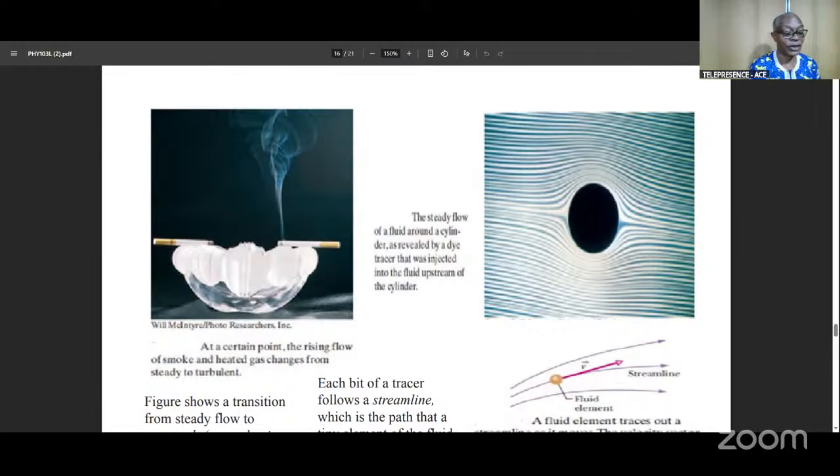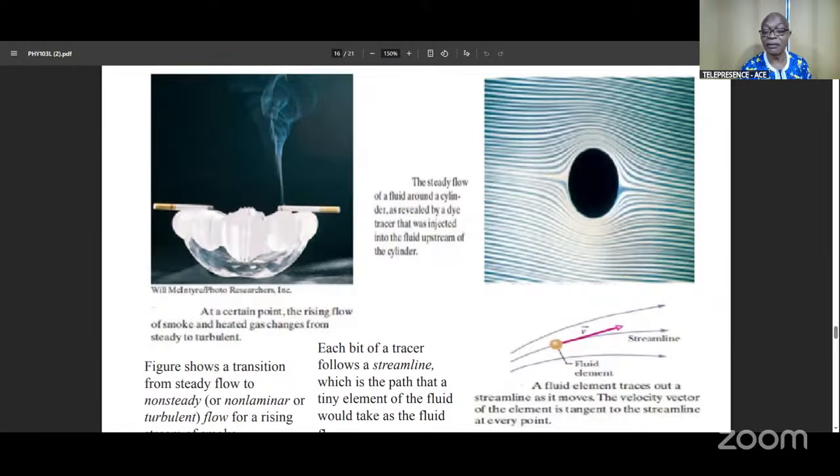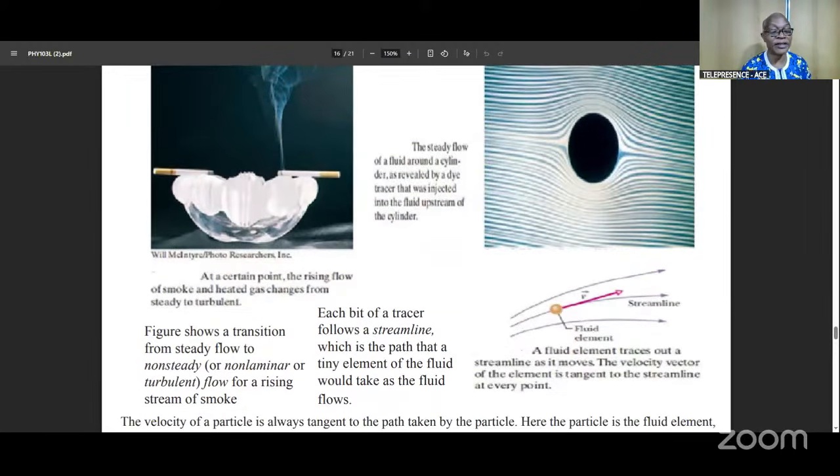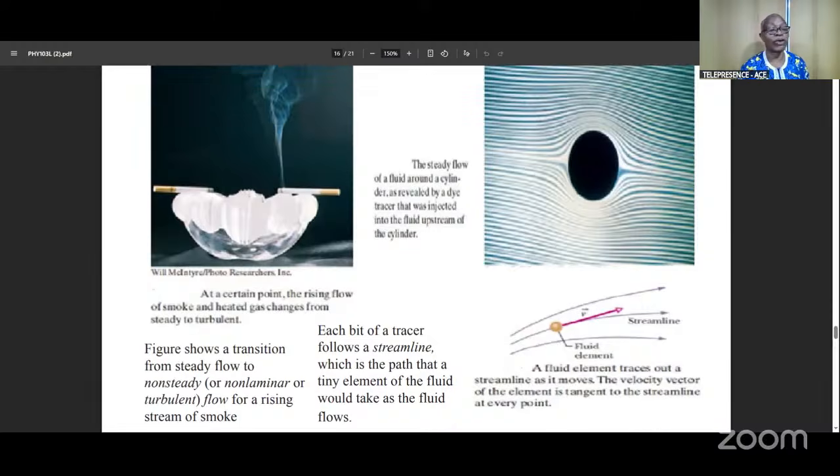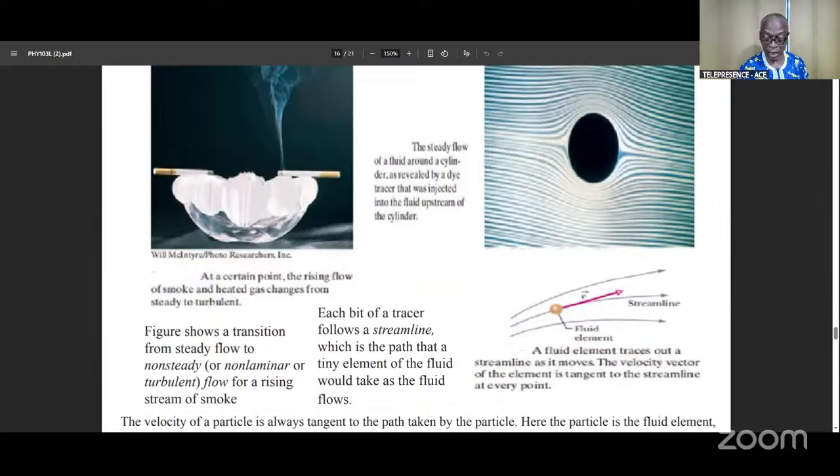Very interesting, because with our ability to describe it, we will be able to do a lot of prediction about flow and the motion of our object of interest. So the figure shows a transition from steady flow to non-steady flow for a rising stream of smoke from a cigarette lighter.